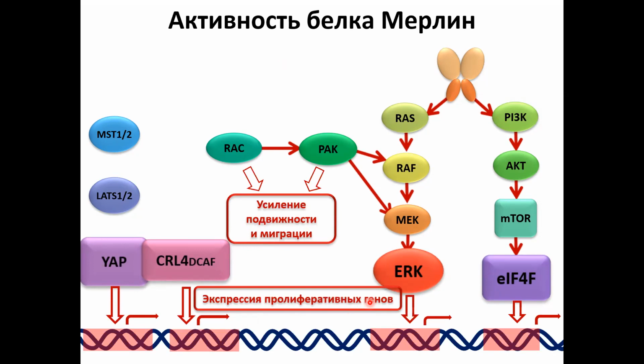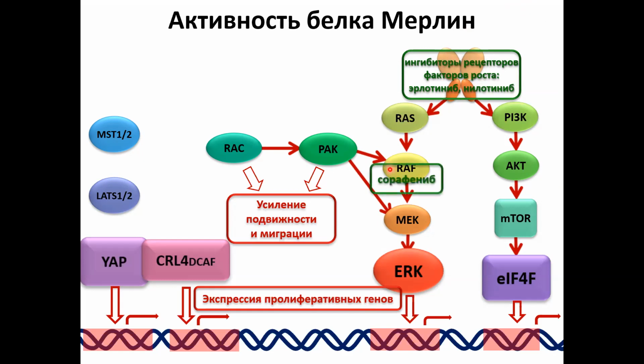So there are different approaches to control the NF2-associated tumors. We can either inhibit the growth factor receptors with erlotinib or nilotinib, or we can also inhibit RAF together with tyrosine kinase receptors. That's done by sorafenib. We can also try to inhibit P21 kinases, which would inhibit the MEK-ERK cascade.